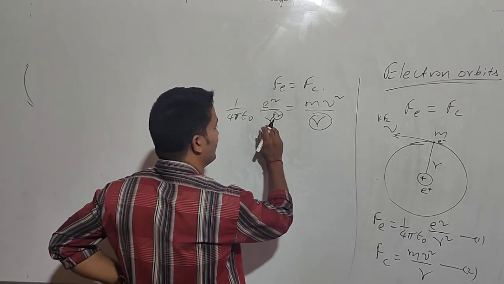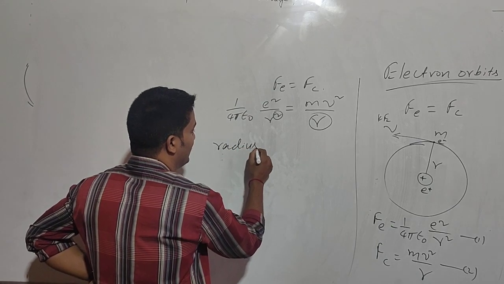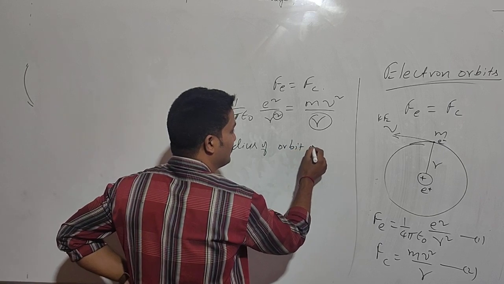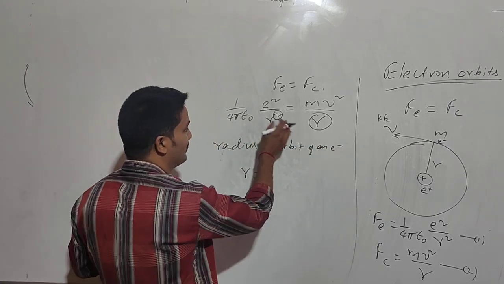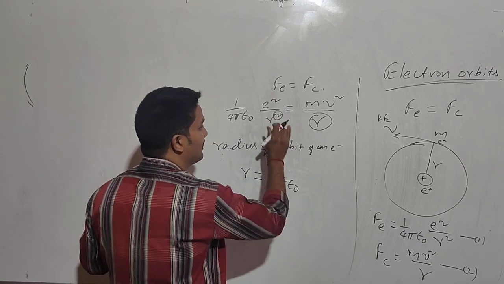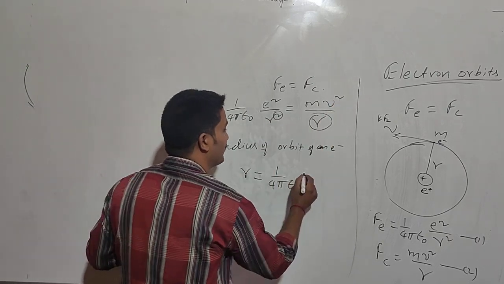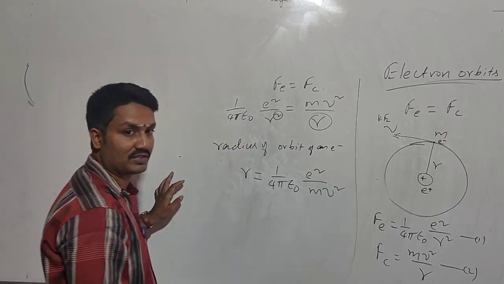From this, we have to determine the value of r, that means the radius of the orbit of an electron. r is equal to 1 by 4 pi epsilon naught, e square by mv square.